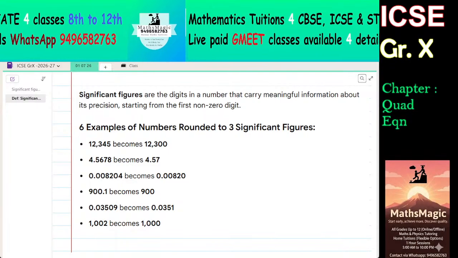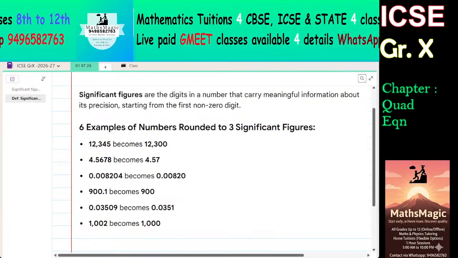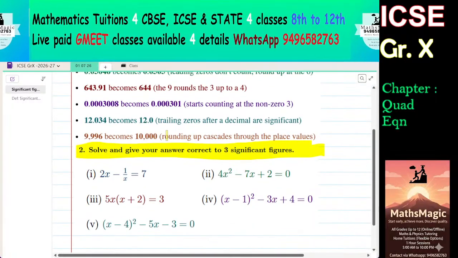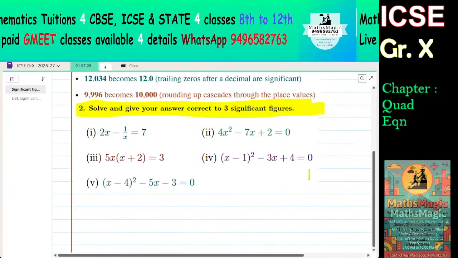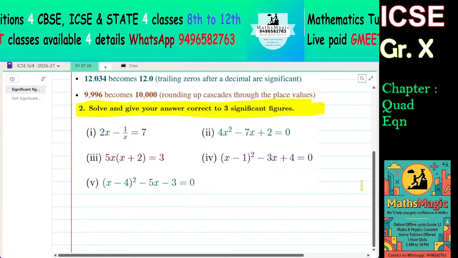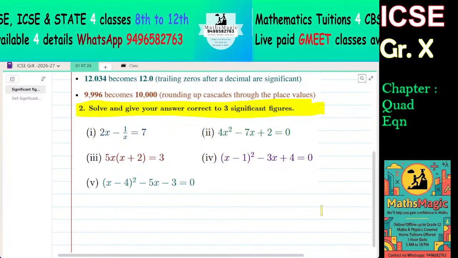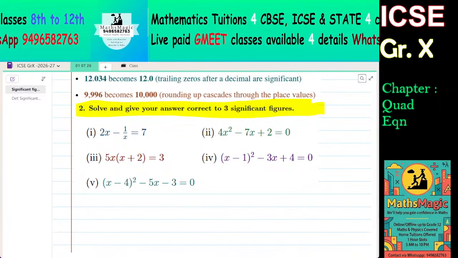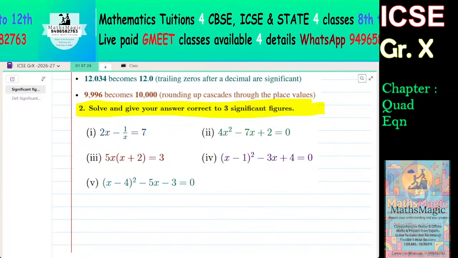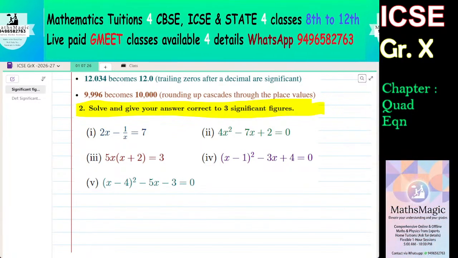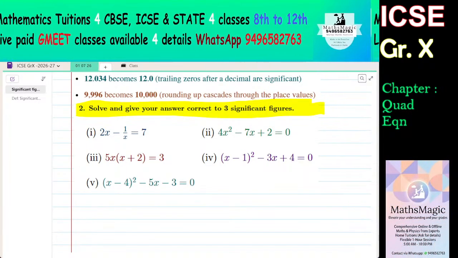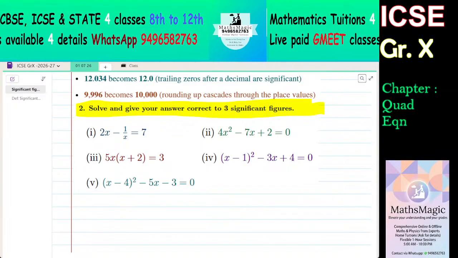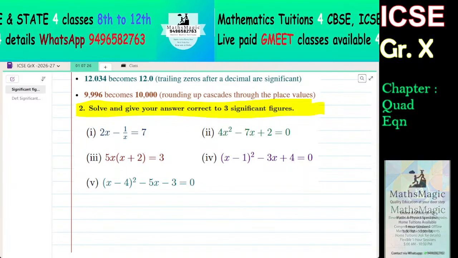And I think others have solved these questions. So we'll discuss the answer for the 5 questions. So first one was 2x minus 1 by x equal to 7. I think you have made a quadratic equation for that.